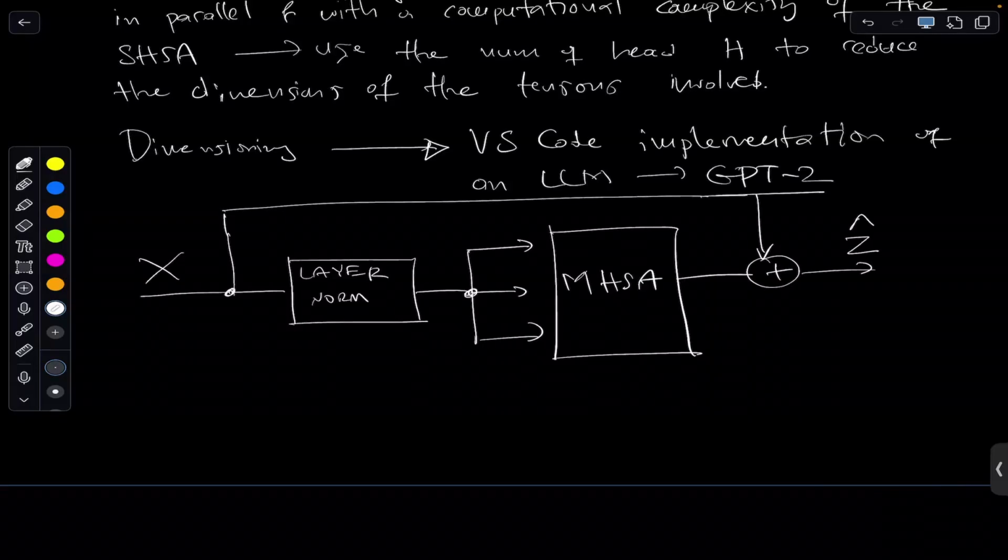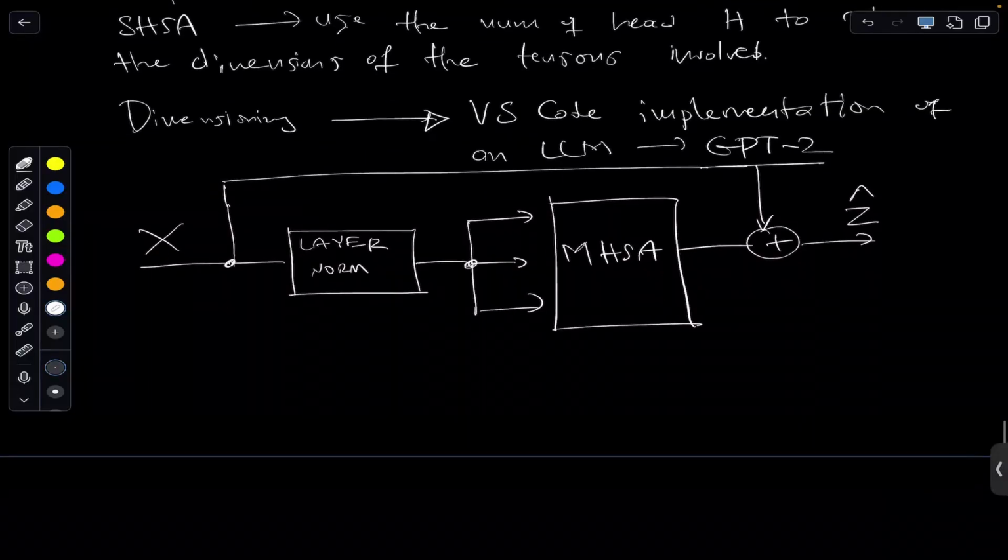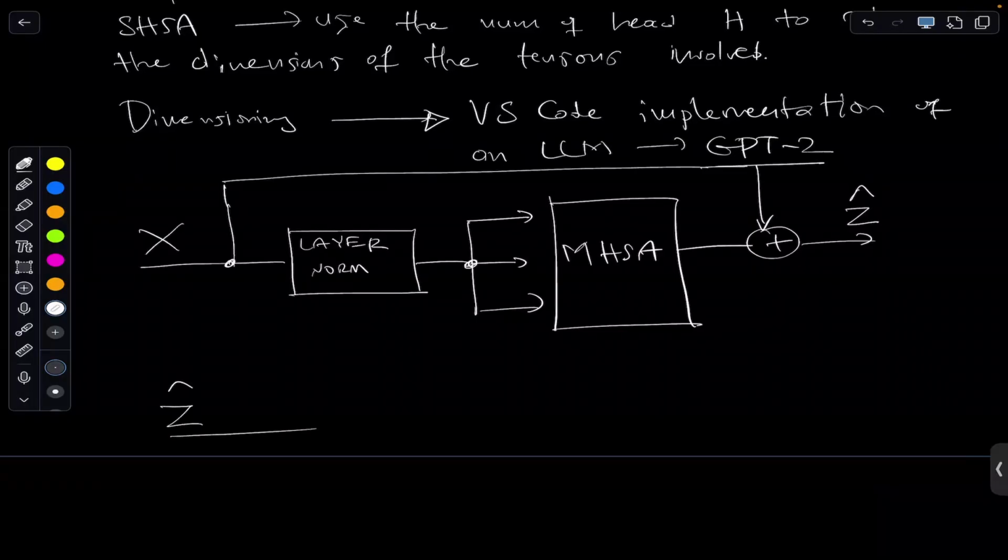Remember, the reason was basically gradient flow. So this is the point where we take an X and produce a Z hat. What we will do subsequently is take this Z hat, our contextual embeddings, at least a version of them, and pass it through a layer normalizer.